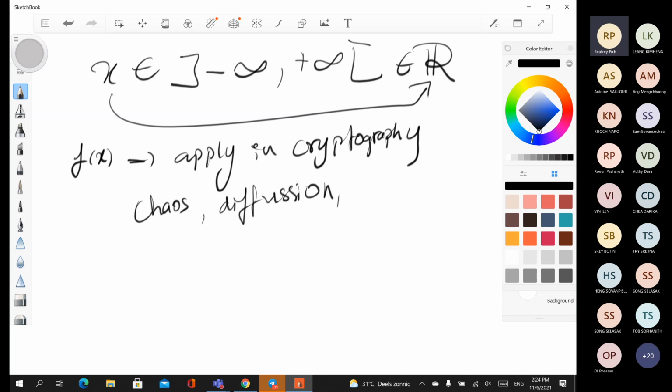It means that in order to make it difficult for an attacker to attack my system, I have to make my system unpredictable. If it is stable, it's very easy to predict. So my condition is unstable.